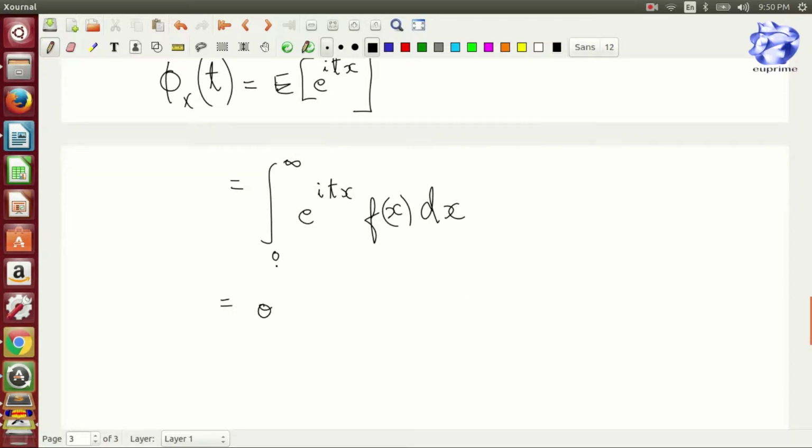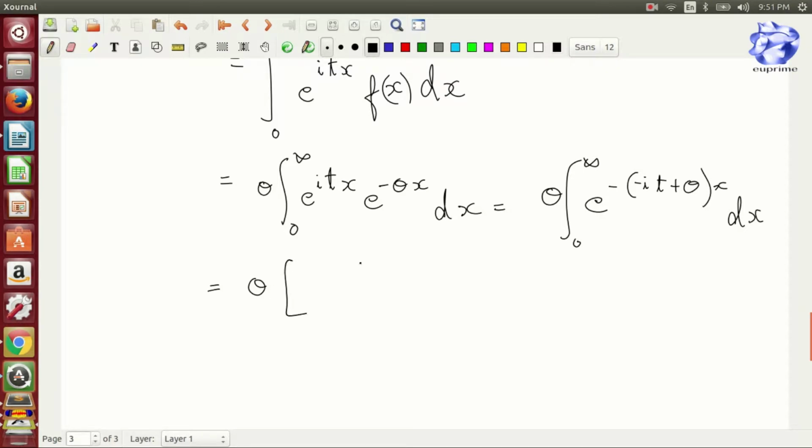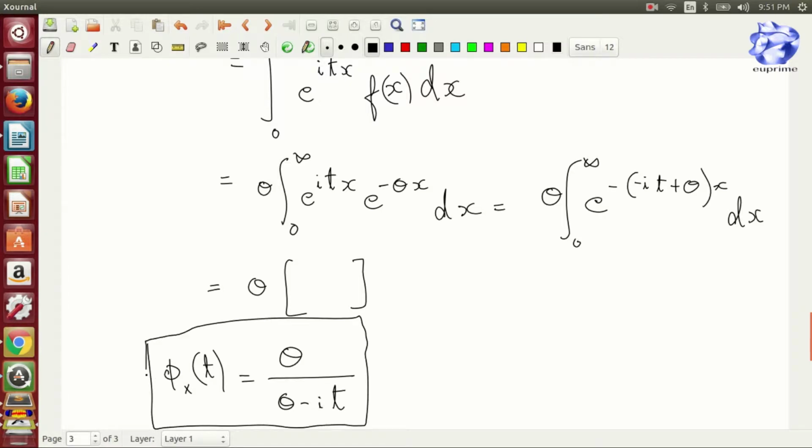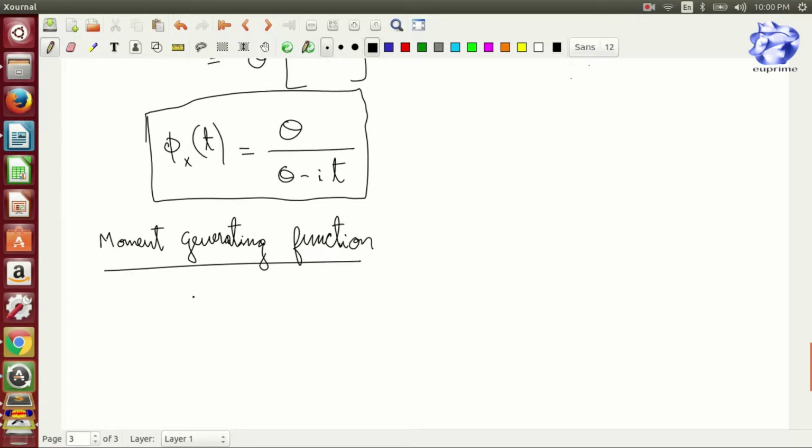Substitute e to the power itx in your expectation and calculate the integral, which is theta times e to the power minus theta x plus itx, whose limits are from 0 to infinity. We get the characteristic function as theta by theta minus it.